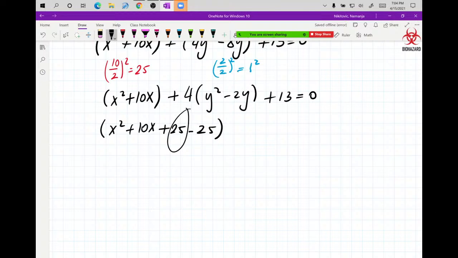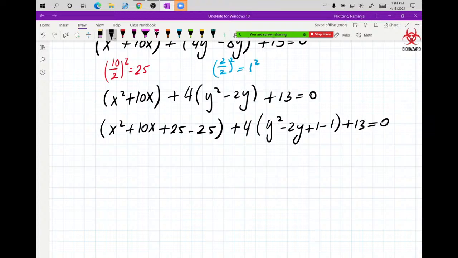Because you can't just add 25 out of nowhere. You have to balance it with the negative 25. Plus 4 over, and now we have y squared minus 2y. And the number we are adding is 1, subtracting is 1, plus 13 equal to 0.